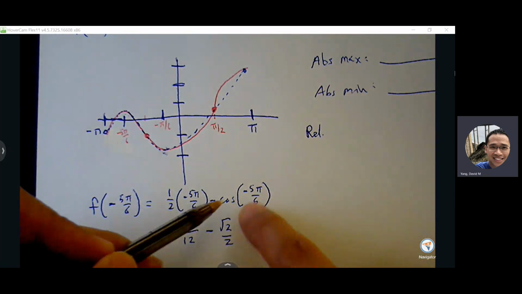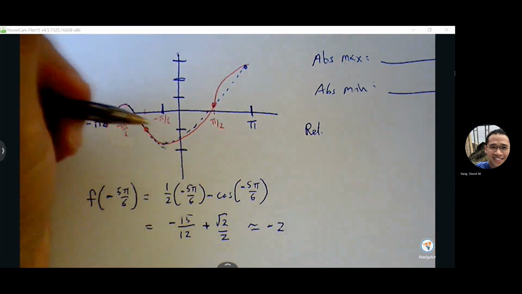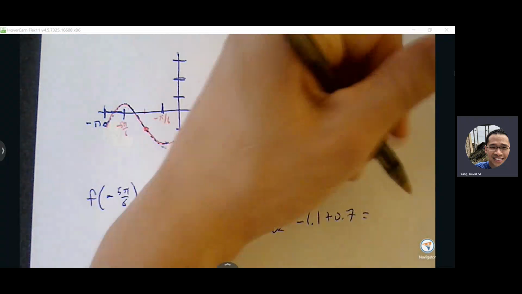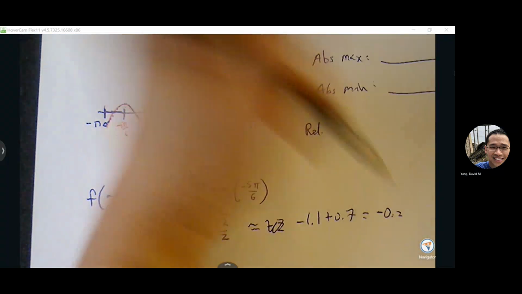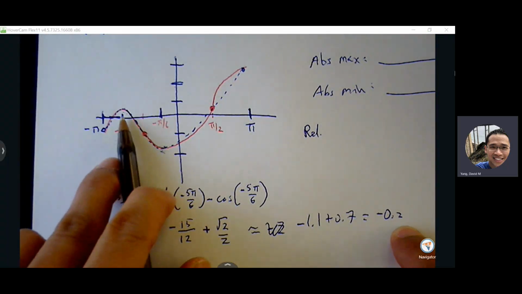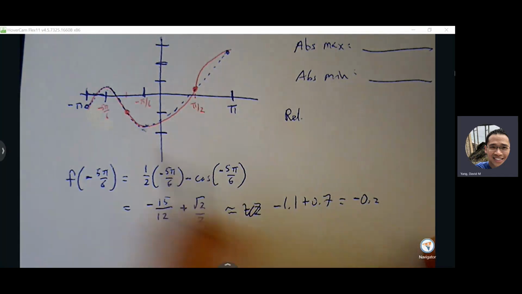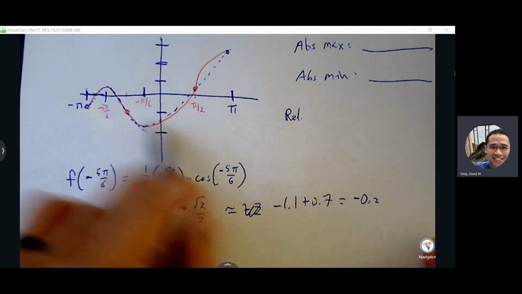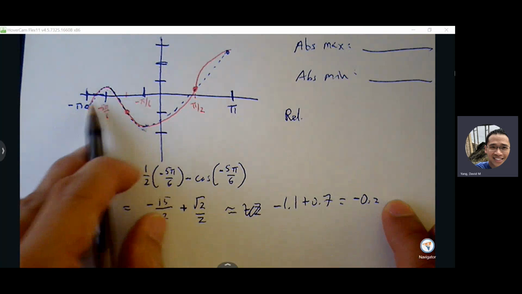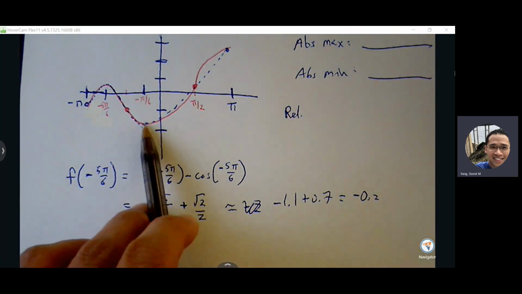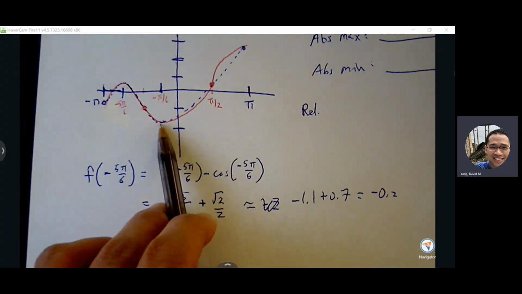Oh, sorry, this is a minus a negative here, so plus. So negative 1.1 plus 0.7, so that's actually a little bit lower, but we know it's not going to be very high. So this is not going to be an absolute max or absolute min. It's maybe a little bit lower than here, but just a little bit higher than our starting point. But we're expecting the other one maybe to be an absolute minimum.